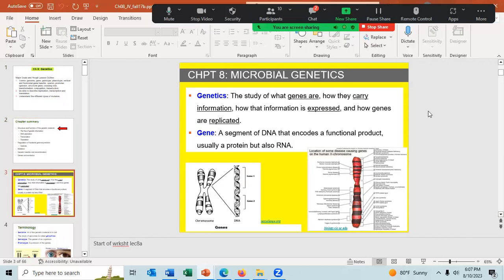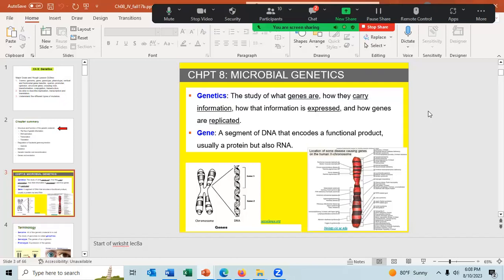Genetics is the study of what genes are, how they carry information, how that information is expressed, and how genes are replicated. A gene is a segment of DNA that codes for something. Usually, it codes for a protein, but not all genes code for protein.